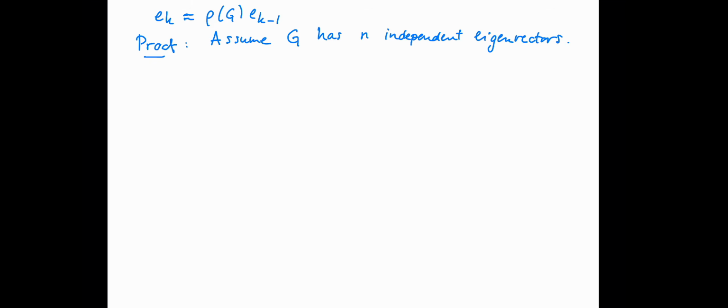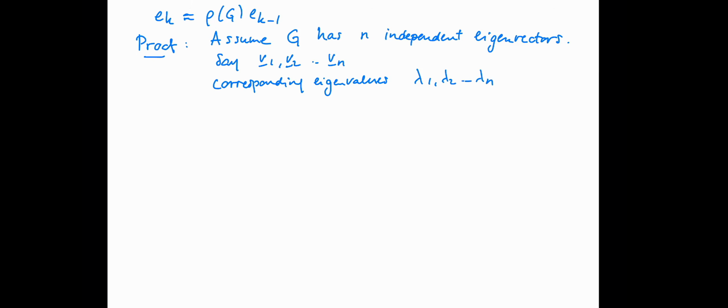Let's call these v1, v2 up to vn, and the corresponding eigenvalues I call lambda 1, lambda 2 up to lambda n.